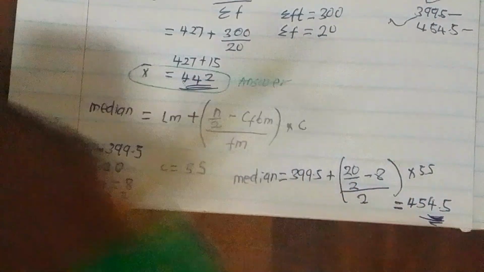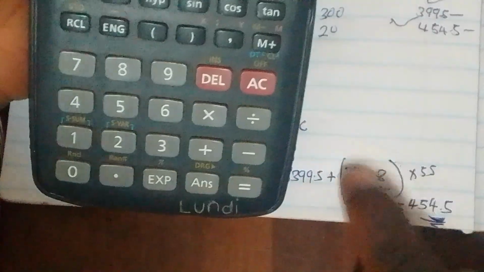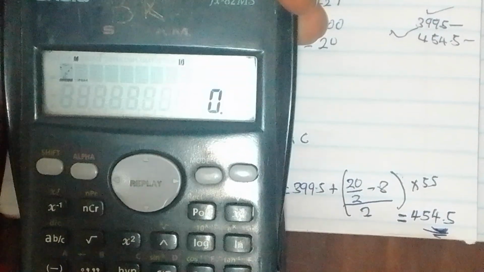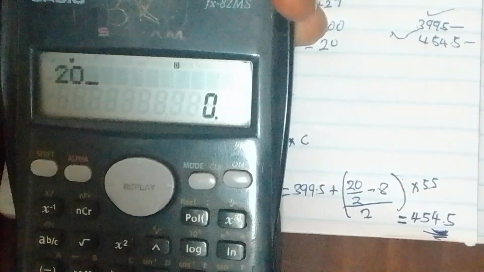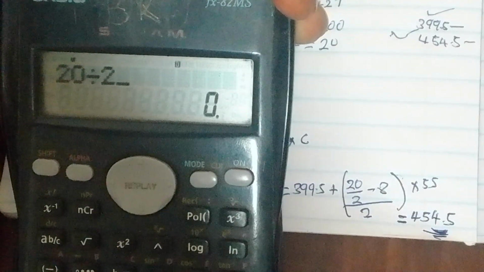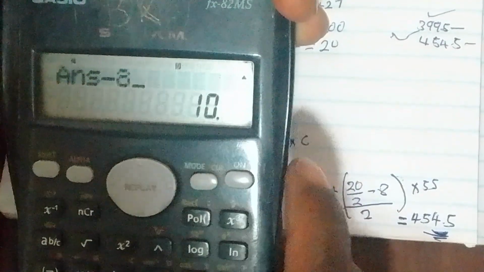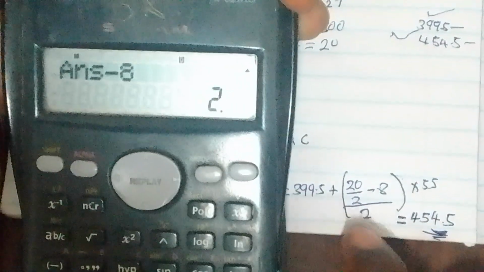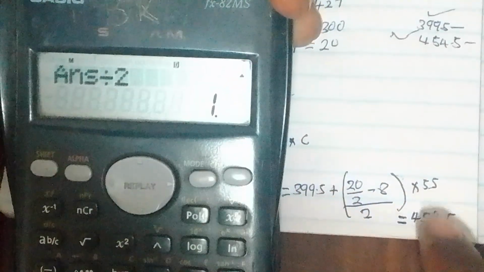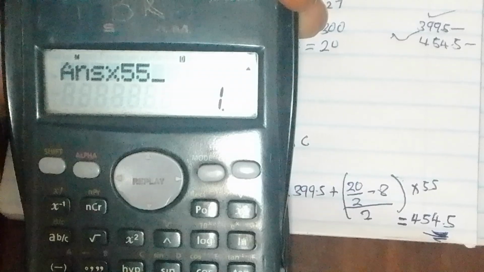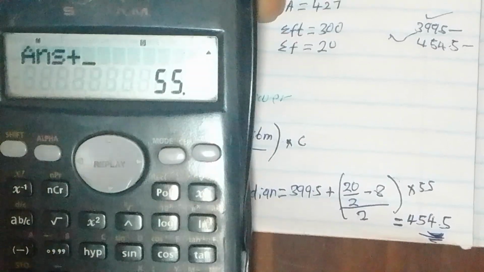Let me show you how we type in. It will be something like, we start with the bracket, so it will be 20 divided by 2, which is 10. 20 divided by 2, we'll get 10. 10 minus 8, get 2. 2 divided by 2, you get 1. 1 times 55. 55 plus 399.5.